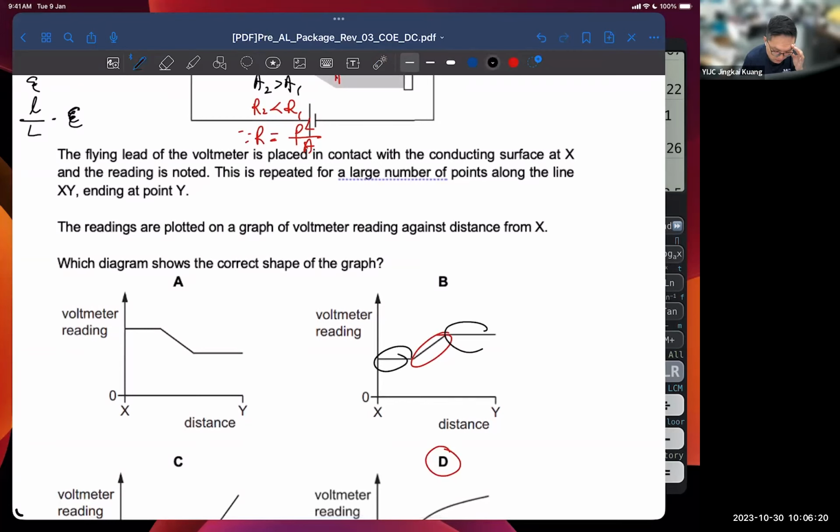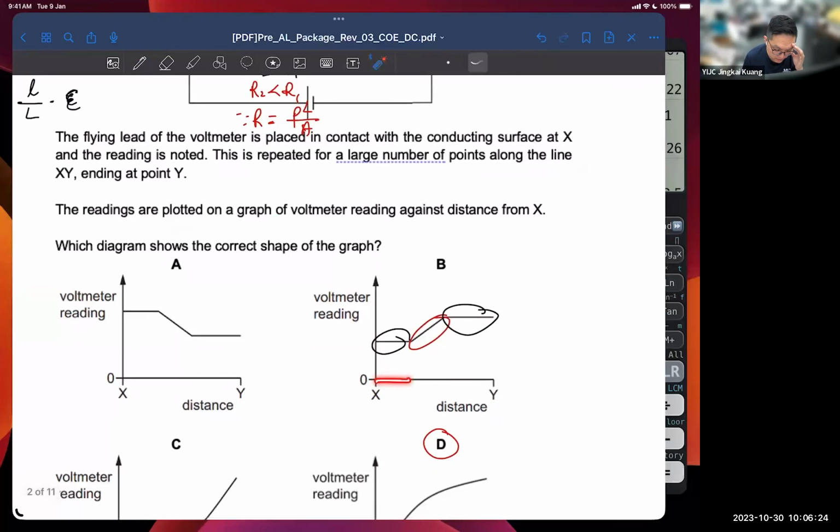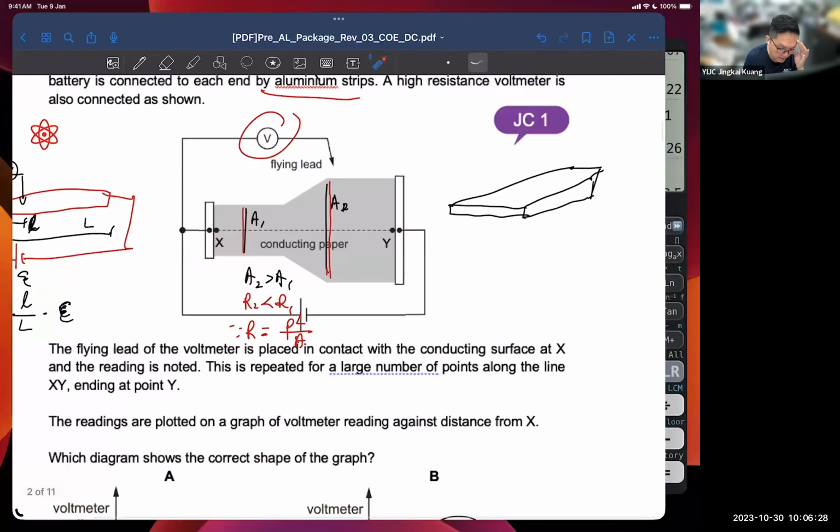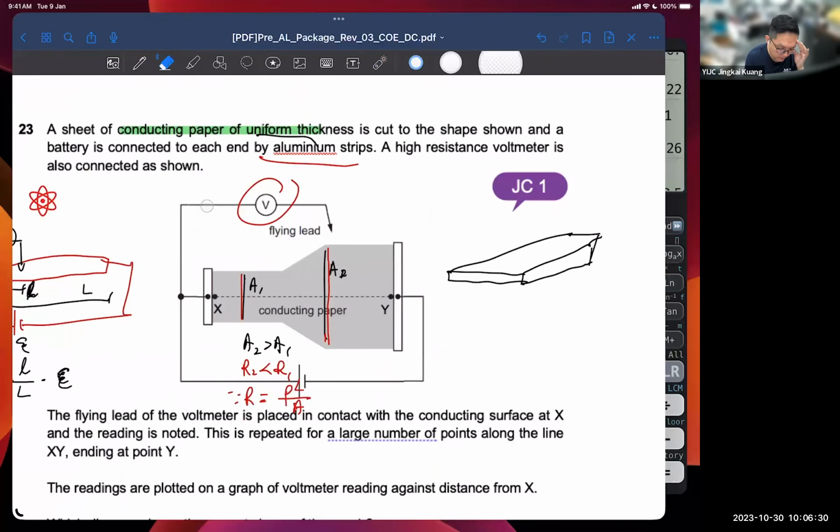This portion here, you are still increasing your horizontal distance. When you increase your horizontal distance, that means you're tapping, let's say, at first you tap like that, then now you tap somewhere here. This increase in distance should increase your potential difference reading.